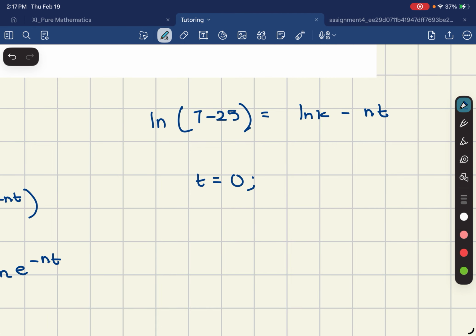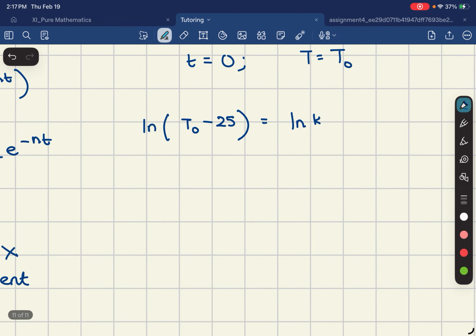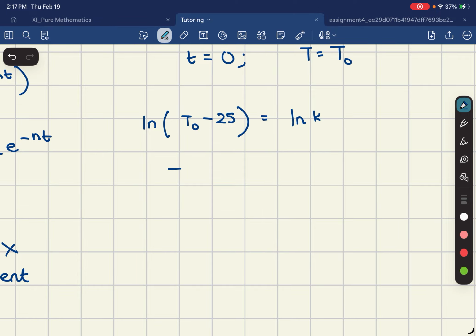Initial basically means when you start measuring, right? So I want to put my time, the small t, to be 0, and the temperature, whatever it is, is going to be my T naught, my initial temperature. So ln(T naught - 25) is going to be ln k minus, if I put t as 0, that's just going to be ln k.